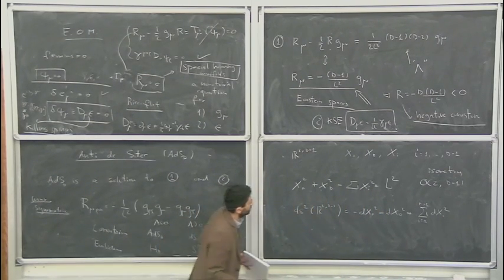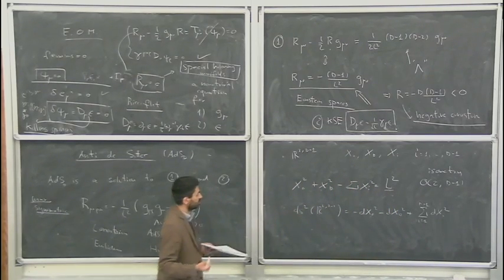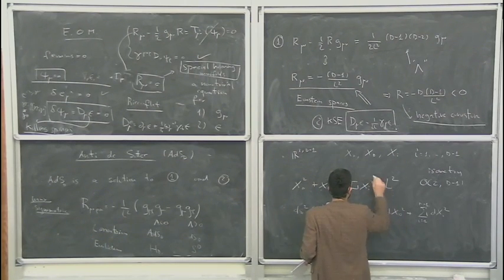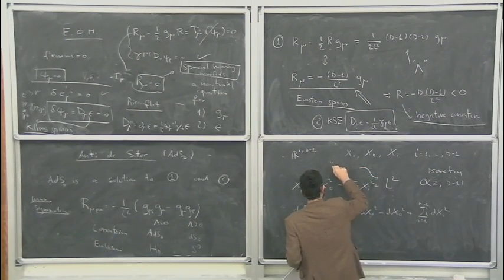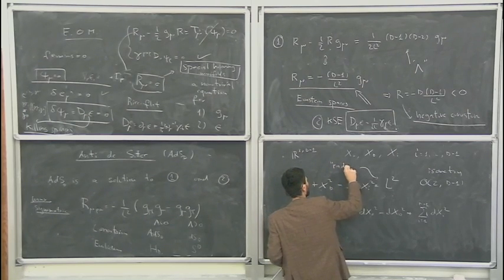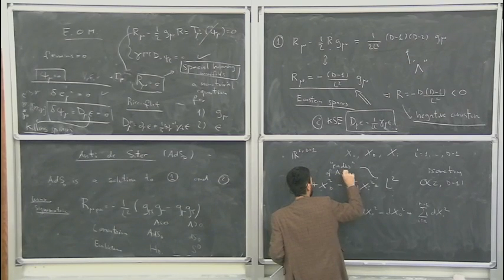So this constant L, which in the case of the sphere would be the radius of the sphere, is also referred to as the radius, and often the quote marks are suppressed, of AdS.